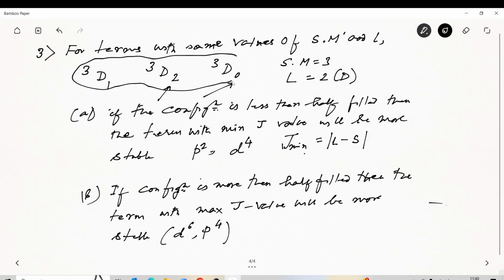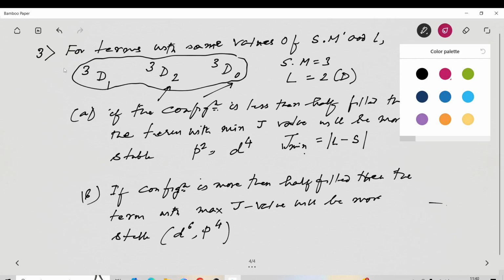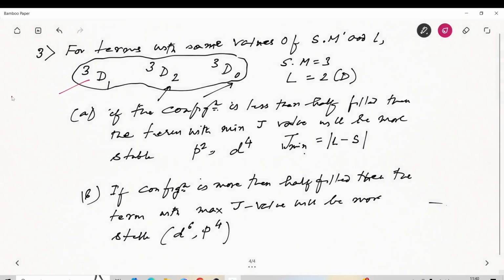Consider this case: capital L equals 2, and spin multiplicity, twice S plus 1, equals 3 in all these cases.